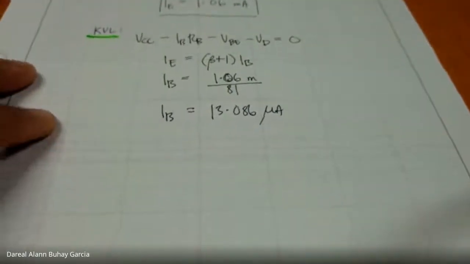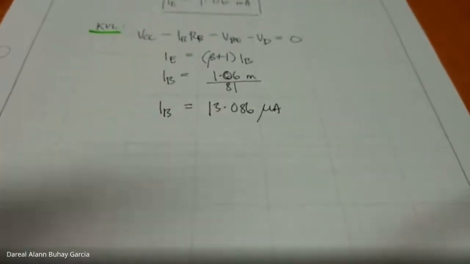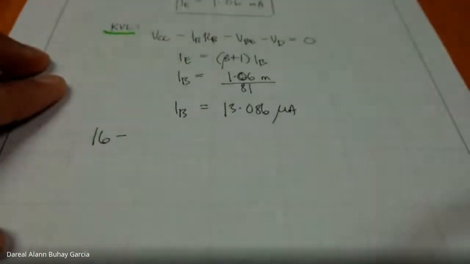Now, VCC is 16 minus 13.086 microamperes times 470 kilo ohms RB minus 0.7 minus VD equal to 0.